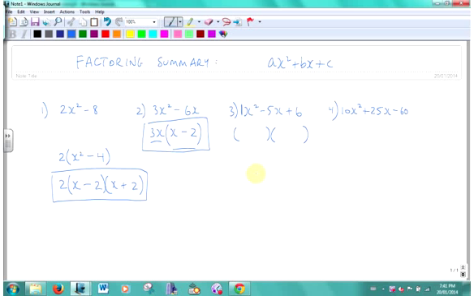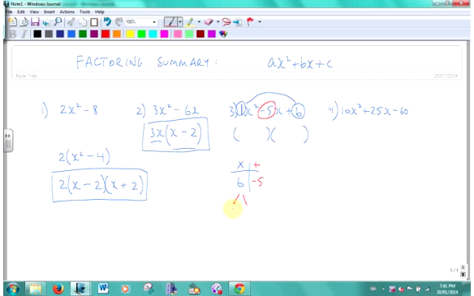We just want to throw 2 sets of brackets down and say to ourselves, what multiplies to 6 times 1, which is just 6, and what adds to this middle term, negative 5. Okay, what 2 numbers?